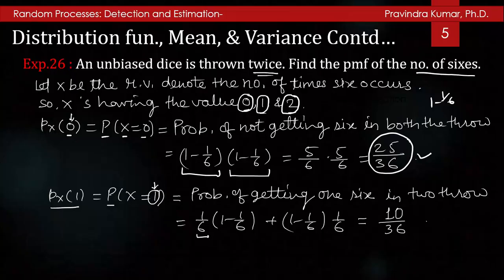So the probability of getting a six in the first throw is 1 by 6 and not getting it in the second throw is 1 minus 1 by 6. Or not getting a six in the first throw, 1 minus 1 by 6, and getting a six in the second throw, 1 by 6. So the probability of getting one six is 10 by 36.